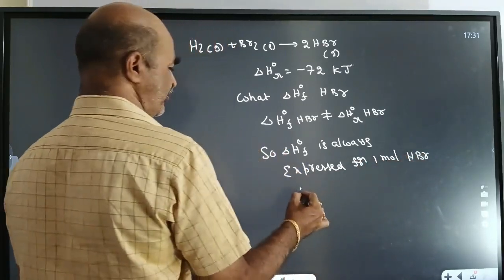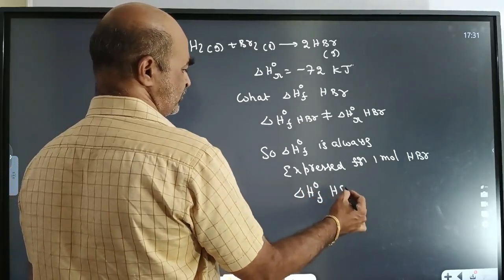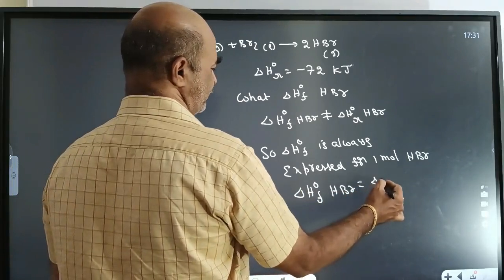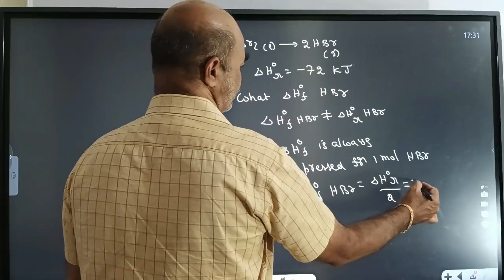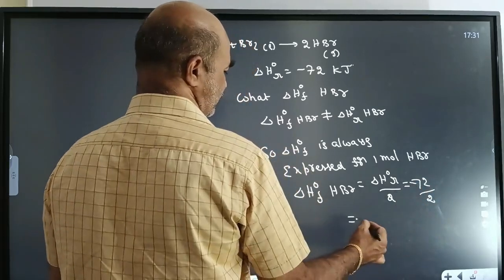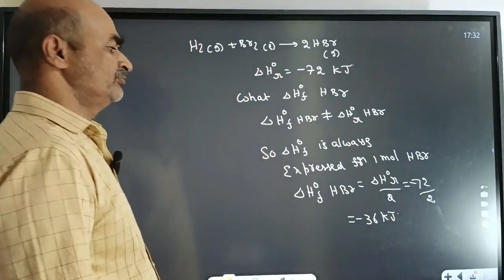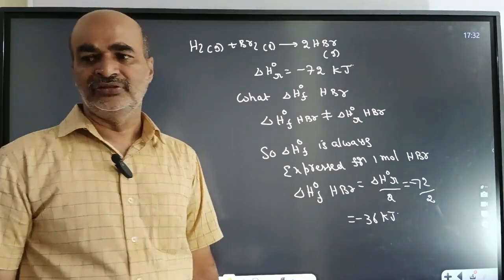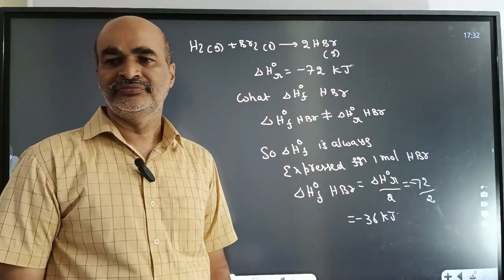Therefore, enthalpy of formation of HBr is equal to the enthalpy of reaction divided by 2, that is minus 72 divided by 2, which is minus 36 kilojoules.